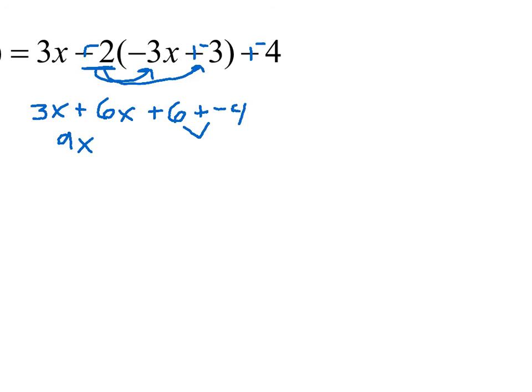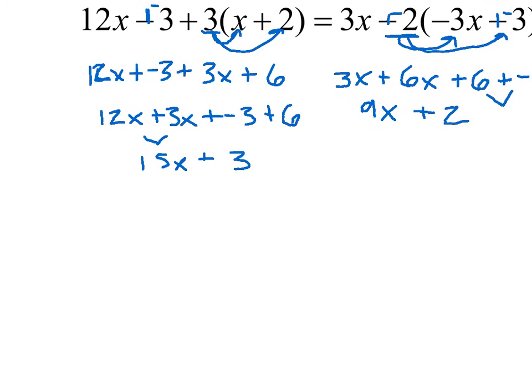And 6 plus negative 4 gives me positive 2. That's as simplified as it gets, so we'll get the whole equation involved here. So if we want to get it all together, we're just going to have to bring down what we found on the right-hand side, just one more step.